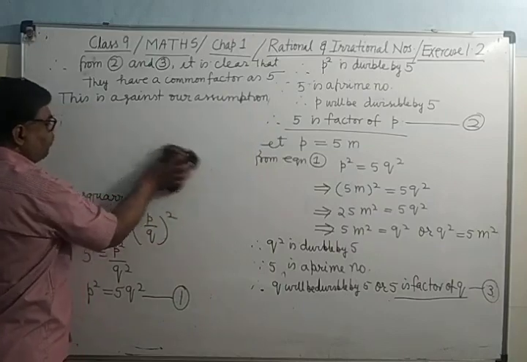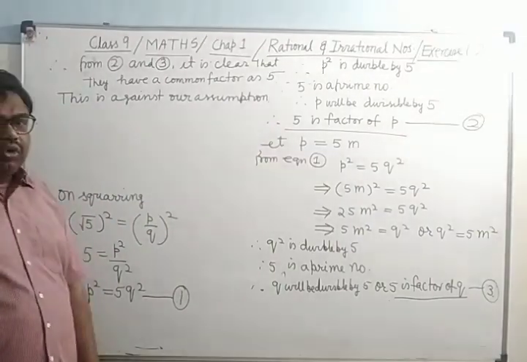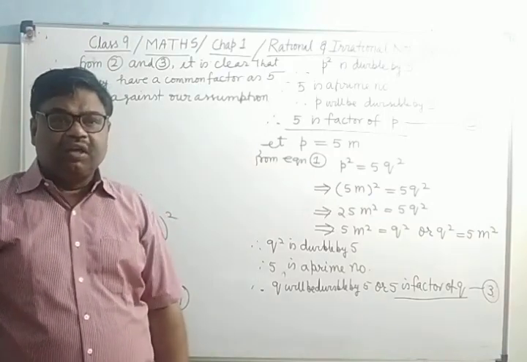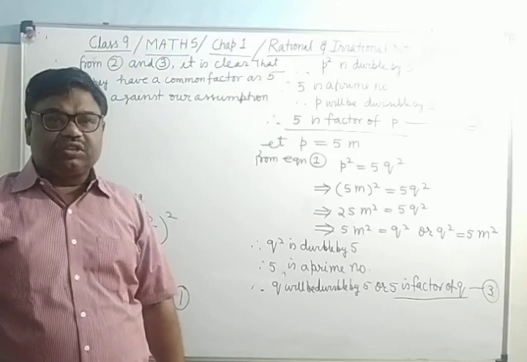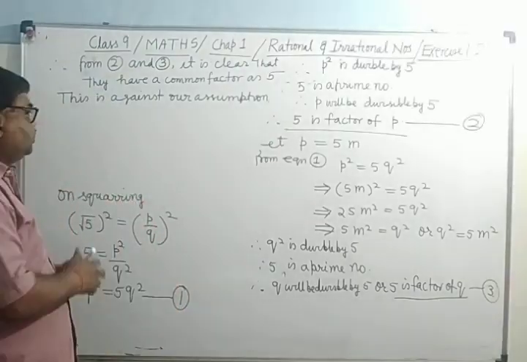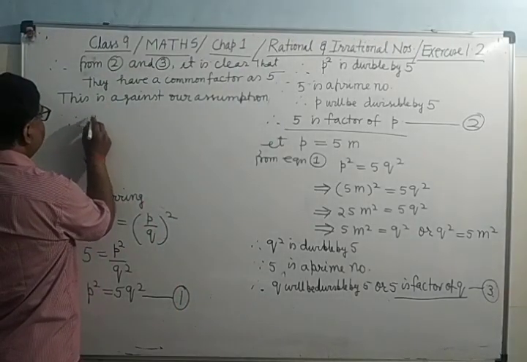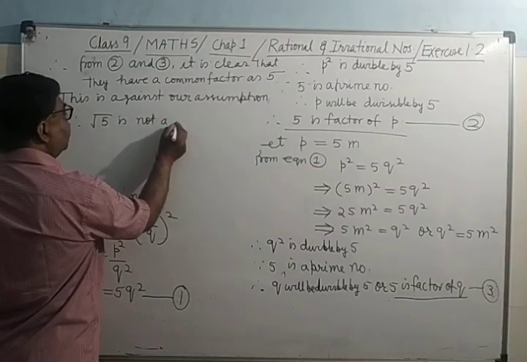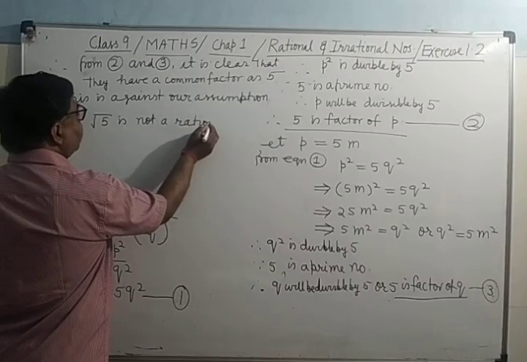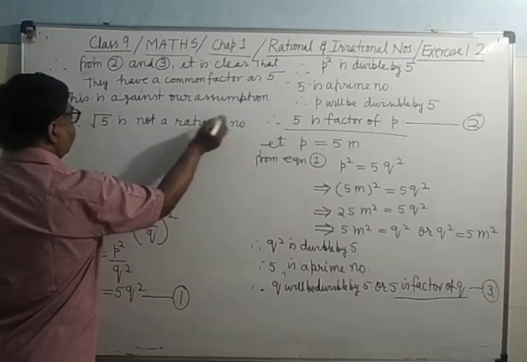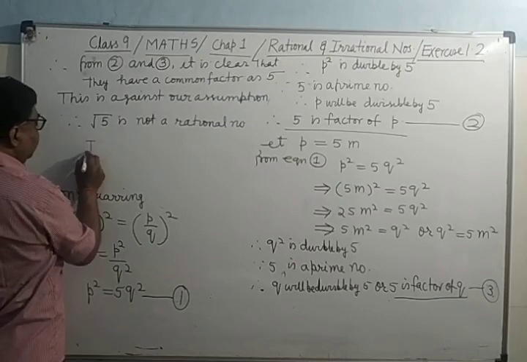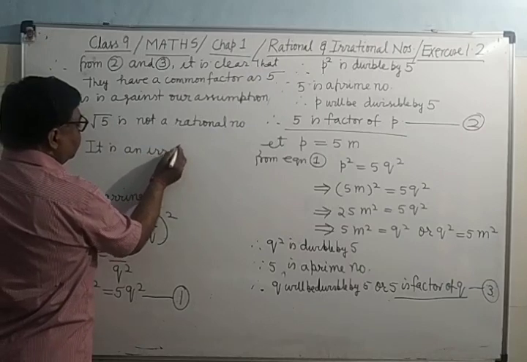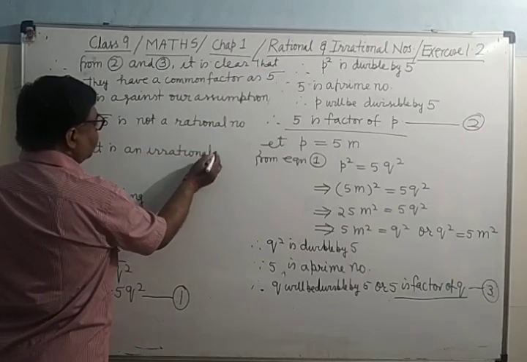What have we assumed? That root 5 is a rational number. It is against this fact, which means root 5 is not a rational number. Therefore, it is an irrational number.